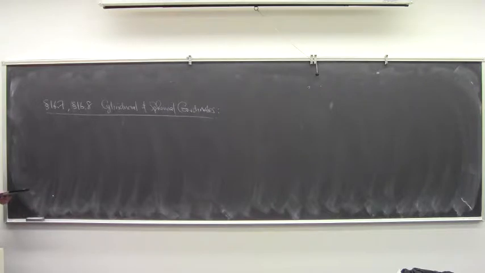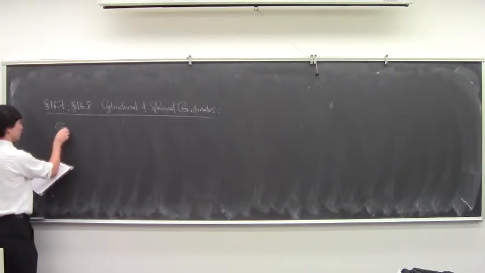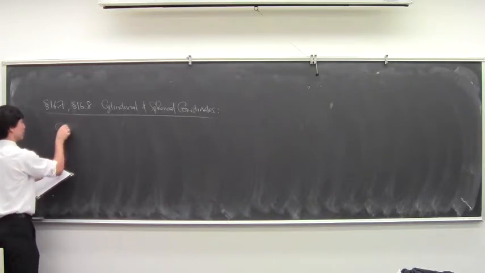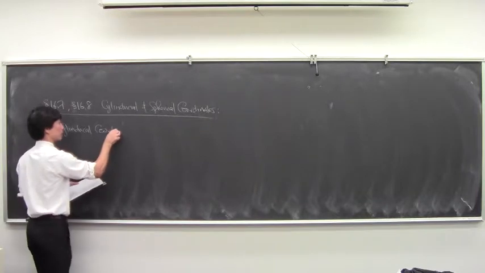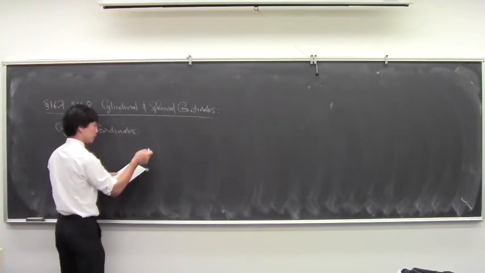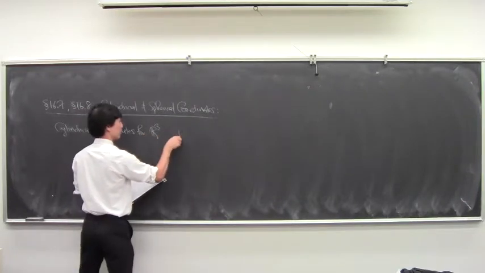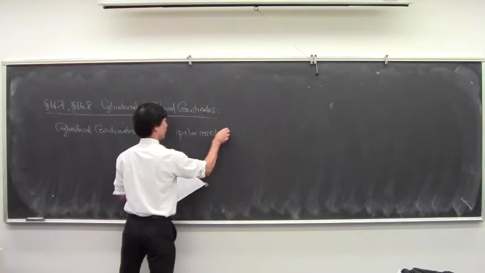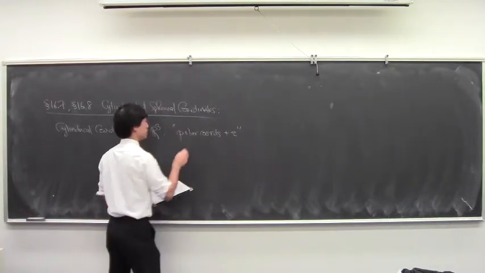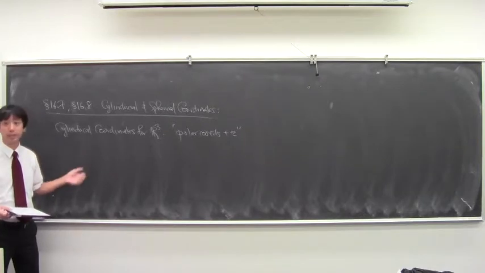Okay. So here's the idea of cylindrical coordinates. Just take polar coordinates for the x and y, and take z for z.